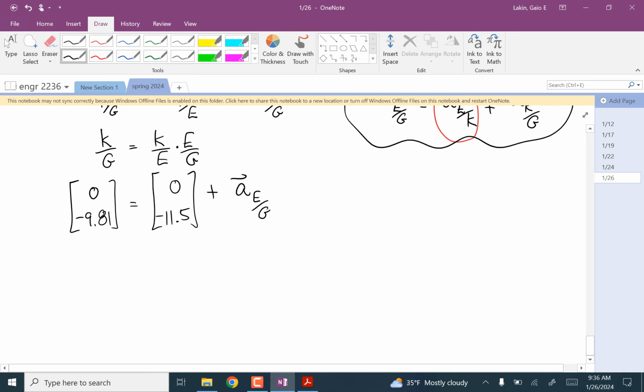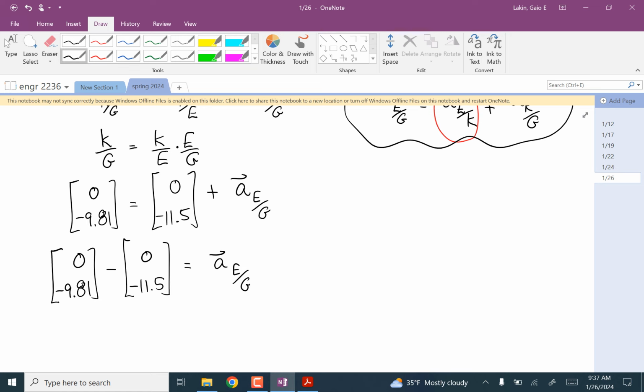Subtract this one from both sides, and you get 0, negative 9.81 minus 0, negative 11.5 is equal to A elevator relative to ground. This is the same thing as just adding that 11.5, so we get that the acceleration of the elevator relative to the ground is 0, positive 1.69.